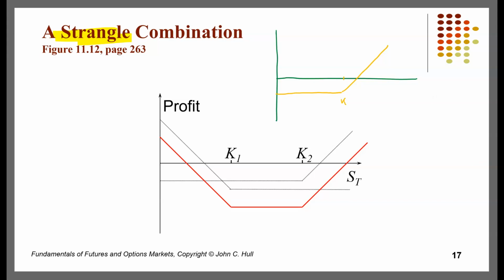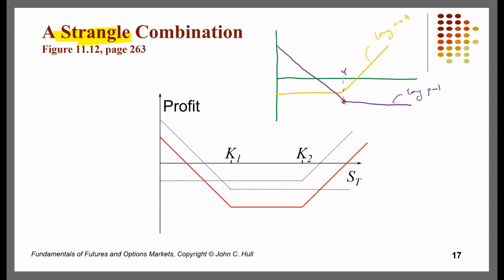So our long put would look something like this and like that, and the strike price of the put is going to be the same. So let's call that the strike price here. This is going to be long put, and this is going to be our long call.